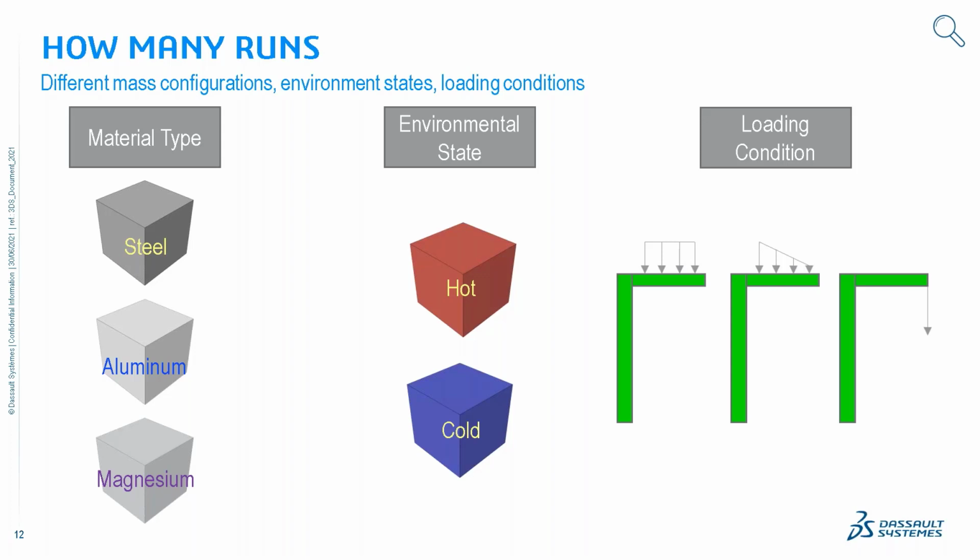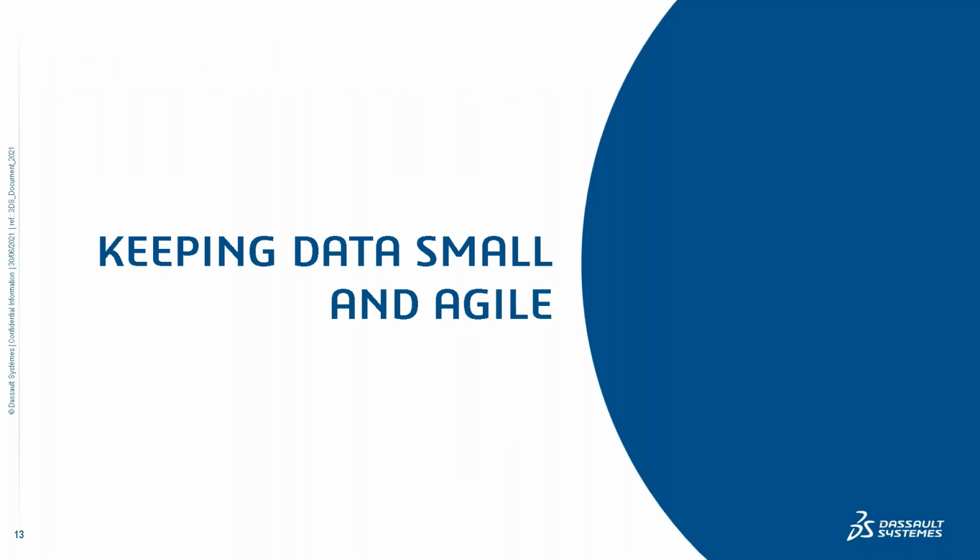So even if you have the same mesh, same everything else, if you're just changing one or two things, however much the original database size was, that information is multiplied by how many runs you're going to do as well. And so that adds up to quite a bit of information.